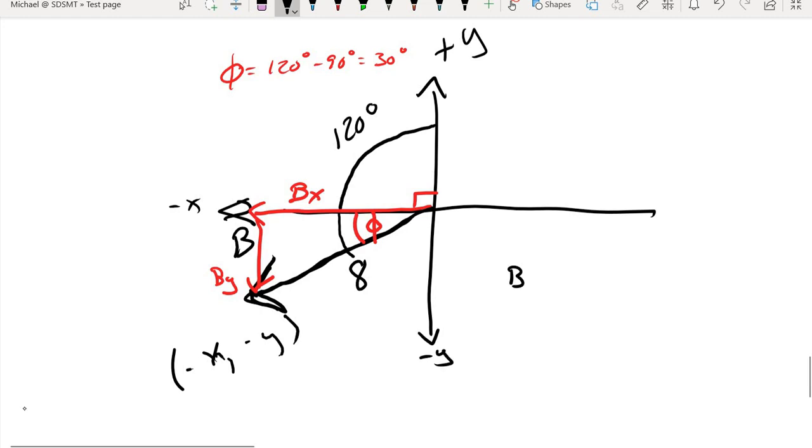Okay, here we go. B of x is the leg that is adjacent to our angle, so that will be 8 cosine of 30 degrees. B of y is the leg opposite of our angle, so that is 8 sine 30 degrees.